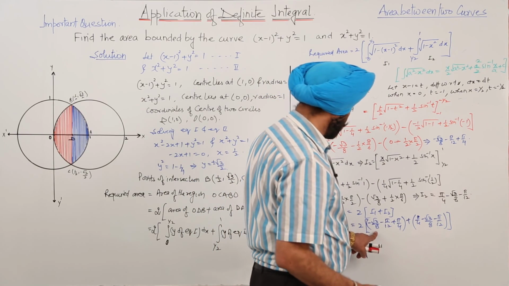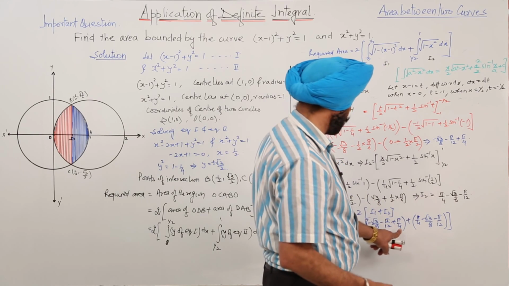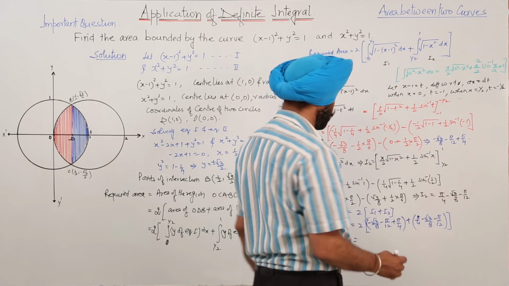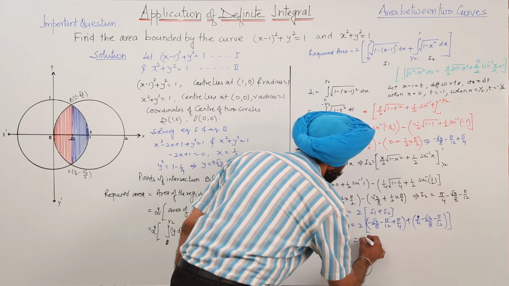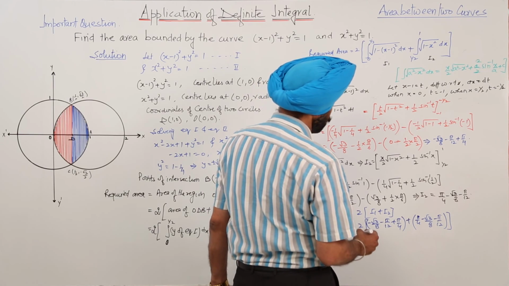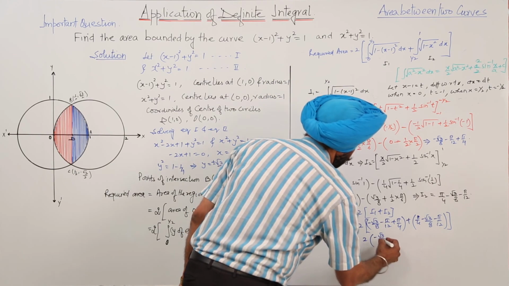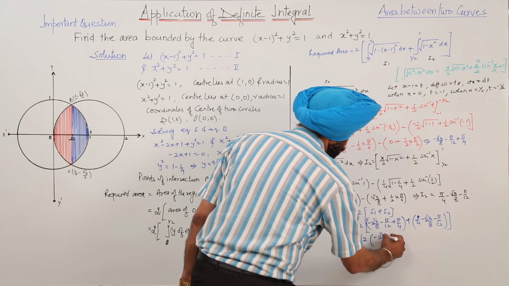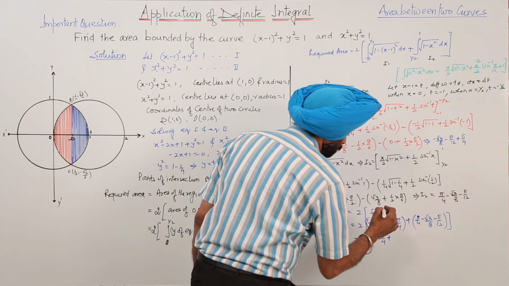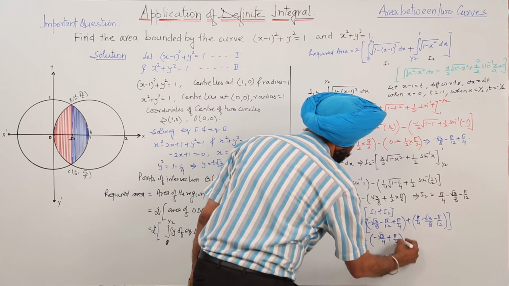On solving, −√3/8 − √3/8, −π/12 − π/12, and π/4 + π/4, what we are having is twice of (−√3/4 + π/3).